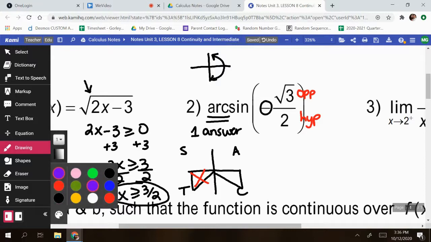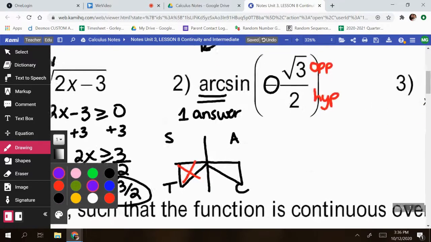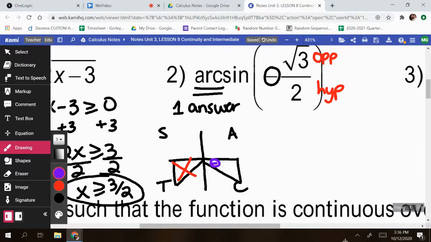So if I take a look at my reference angle here, opposite of that reference angle is going to be radical 3, and the hypotenuse would be 2. Based on orientation, this would have to be a negative square root 3. And this is a 1, square root 3, 2 triangle.